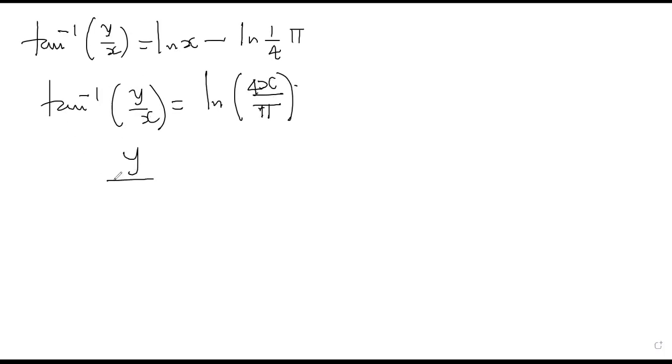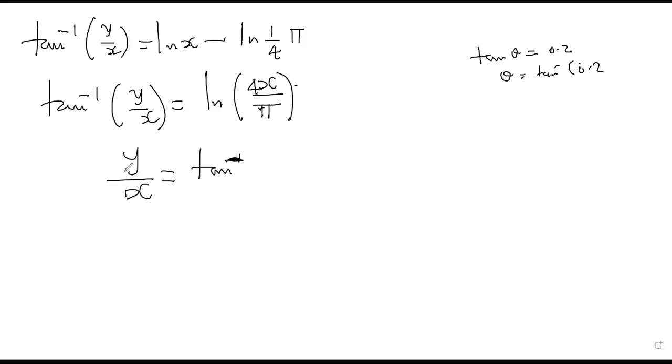It means that y over x is equal to tan. Actually, when you eliminate the inverse, it's like when you have tan theta is equal to 0.2, so theta is tan inverse of 0.2.